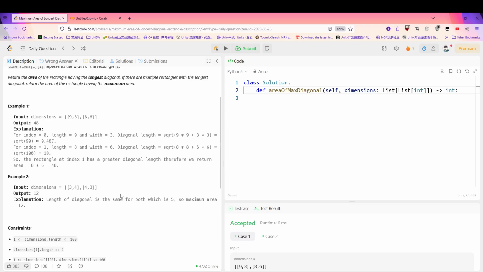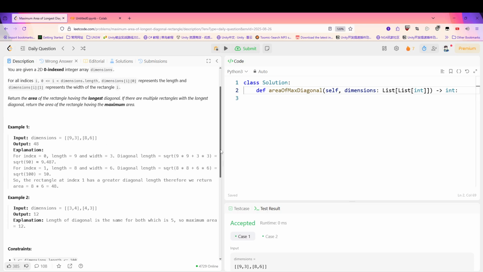Swapping the order does not influence the result of the diagonal length. So the maximum area is 3 times 4, which is 12. I think this question is much easier compared to the last day, so I'm going to code it directly without any thinking here.